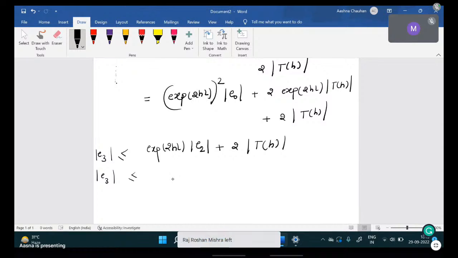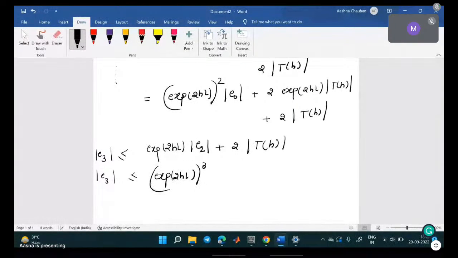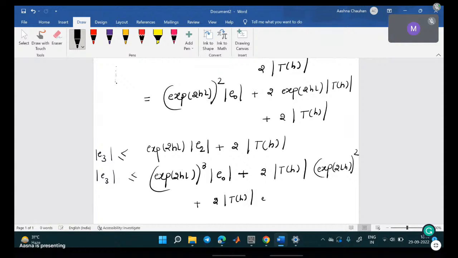So I can write it directly as exponential of 2HL whole cube, like here square has come, so here cube will come, mod E naught plus twice of mod of TH exponential of 2HL whole square plus twice of mod TH exponential of 2HL plus twice of mod of TH.